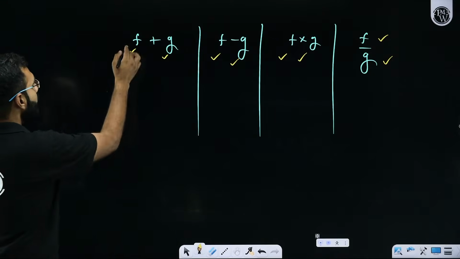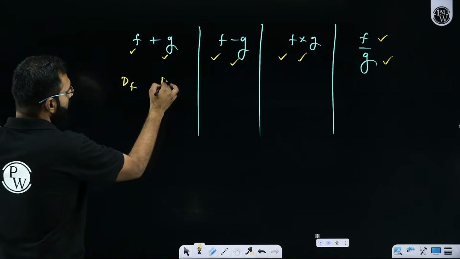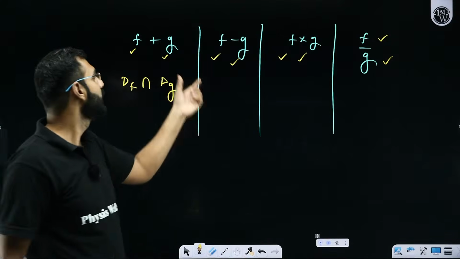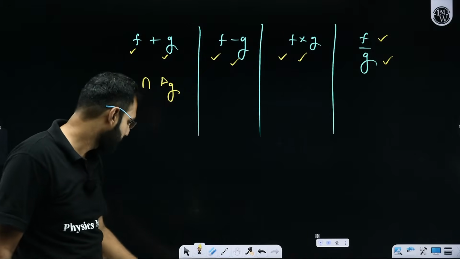Let's say the domain of f is df, the domain of g is dg. So if you simply take the intersection, this will be the domain of f plus g.